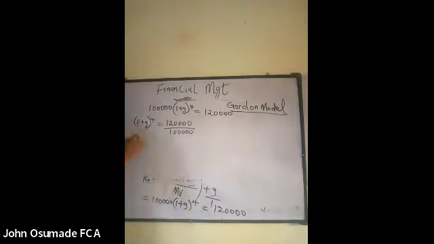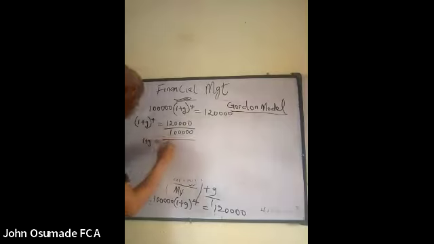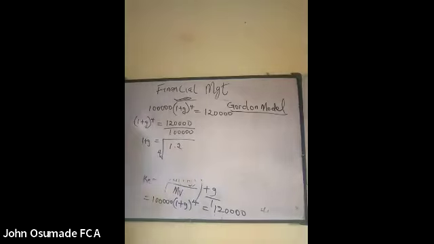Mathematically, that would be 1 plus G equals the 4th root of 120,000 over 100,000, which gives us 1.2. So what is the 4th root of 1.2?